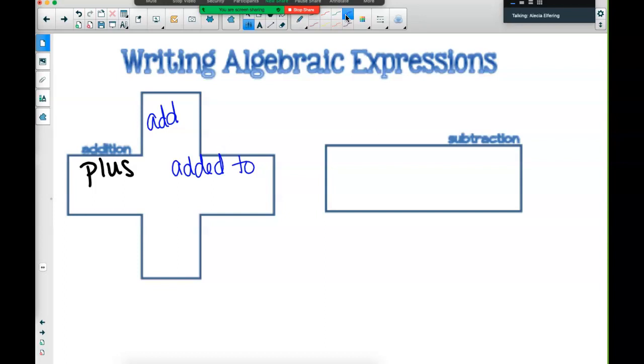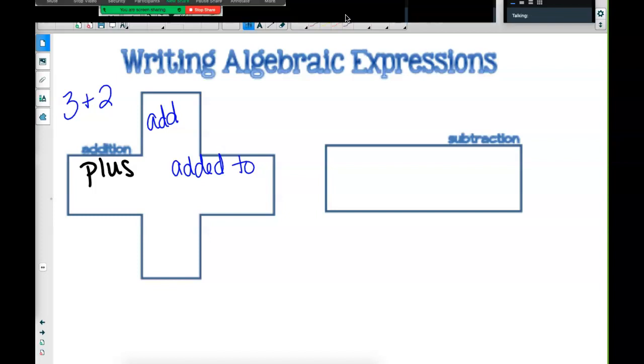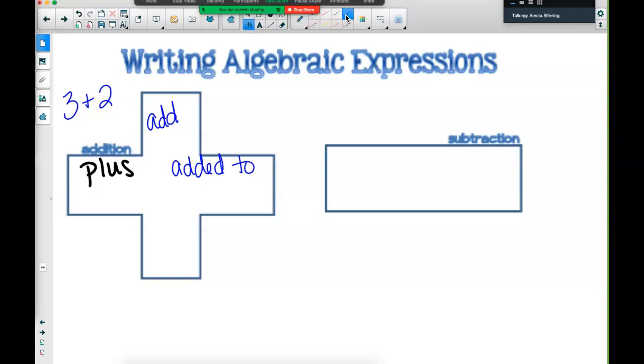If I gave you the expression 3 plus 2, I could say 3 plus 2, 3 added to 2, 3 add 2. What do we call the answer to an addition problem? It starts with an S. The sum. So we could say the sum of 3 and 2.